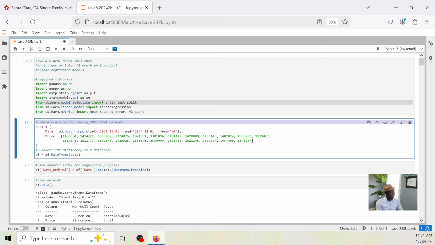So this data is from 2023 to 2024, the previous 23 months. So n equals 23, and it starts, as we can see, January 1st, 2023, and my last data point is November 2024. So I'm just going to go ahead and load this.